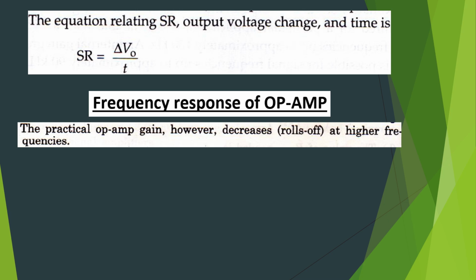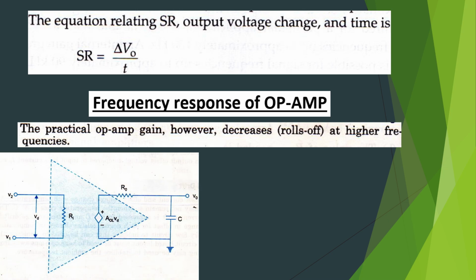The gain of an ideal operational amplifier is infinite. However, the practical operational amplifier gain decreases, that is, rolls off at higher frequencies. So as frequency increases, the gain gets reduced in the case of a practical operational amplifier.